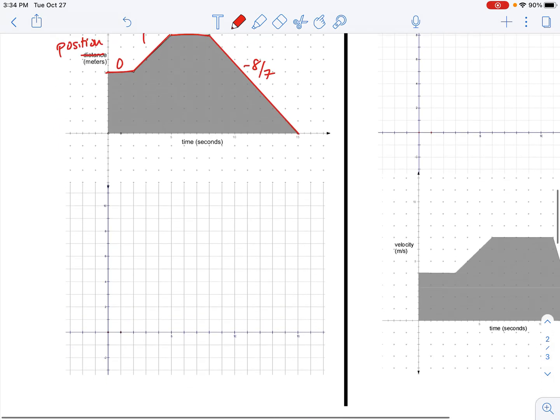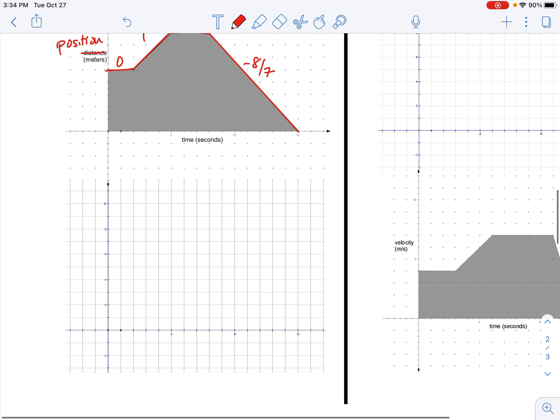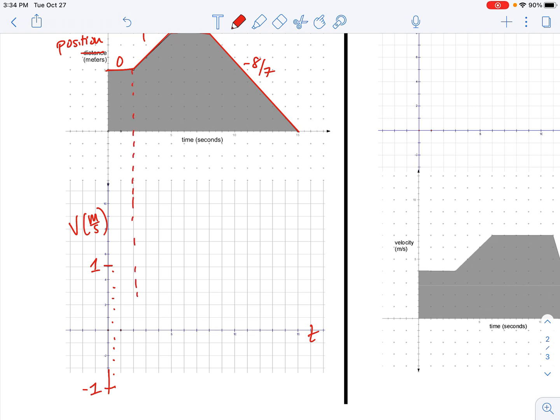Okay, so when I do this conversion, I'm going to change the scale a little bit just to make it a little bit easier for myself. Let's see, 1, 2, 3, 4, 5. We'll call that 1. And we'll call that -1. Okay, so this is velocity in meters per second. This is time. I'm going to draw in some dotted lines to keep myself on track here.